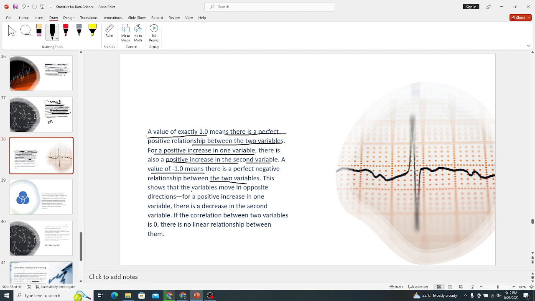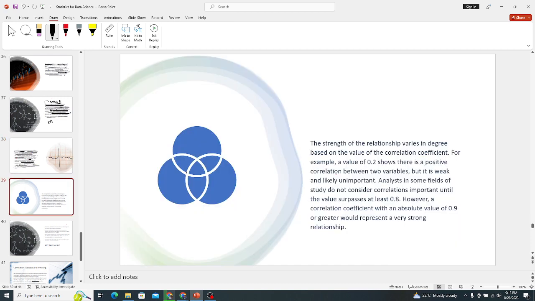This shows that the variables move in opposite directions. For a positive increase in one variable, there is a decrease in the second variable. If a correlation between two variables is 0, then we can say we don't have any linear relationship between those two variables.